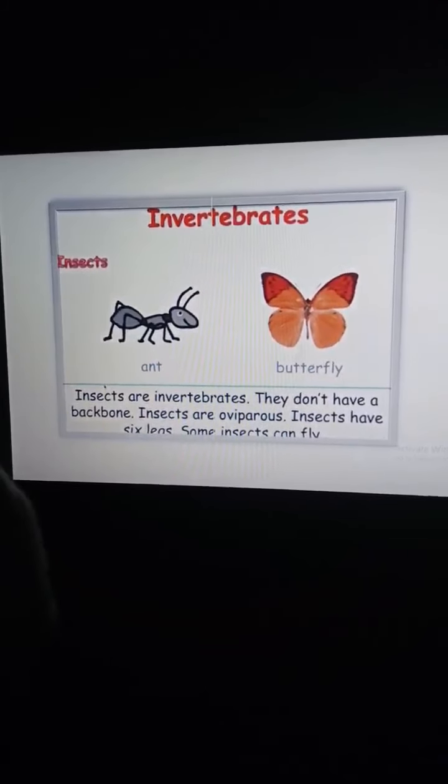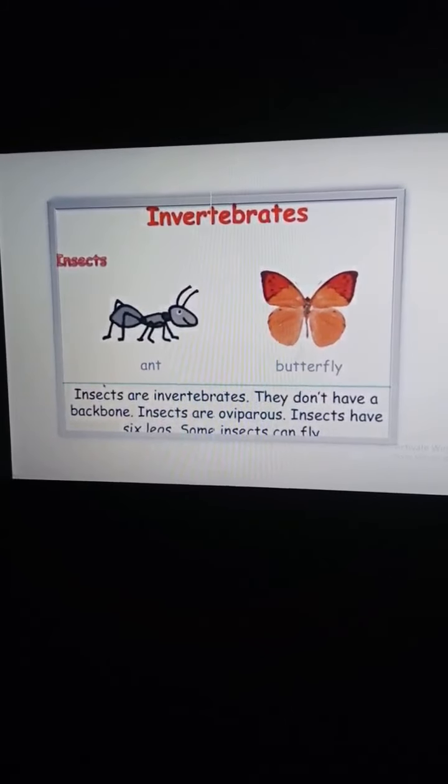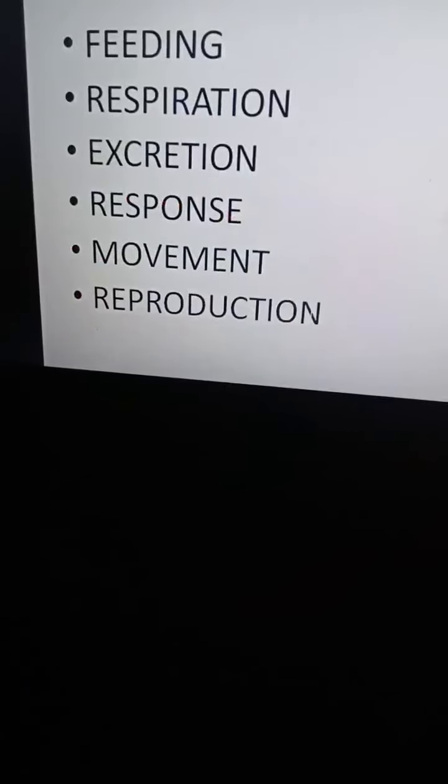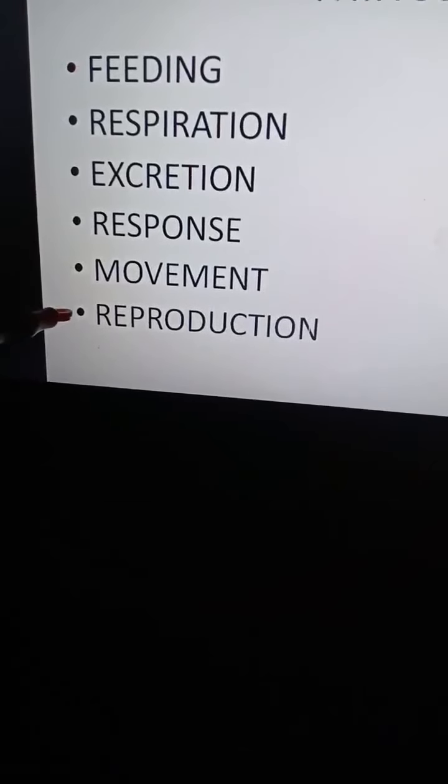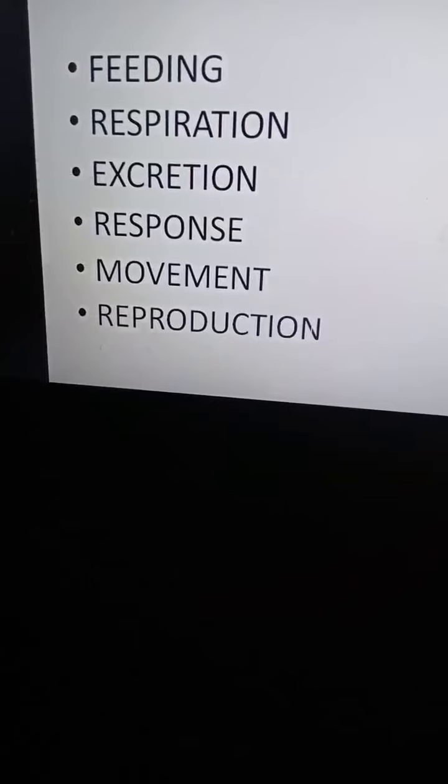So they have to perform the basic functions, and the basic functions performed by any living thing are feeding, respiration, excretion, response, movement and reproduction. And since invertebrates fall under the category of living things, they have to perform all these functions. So let's start by understanding the body structure first, and then we'll see all these processes in detail.